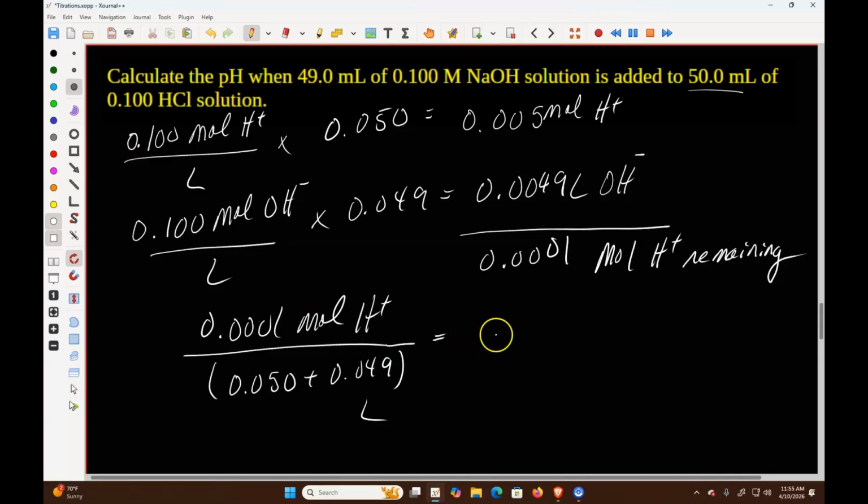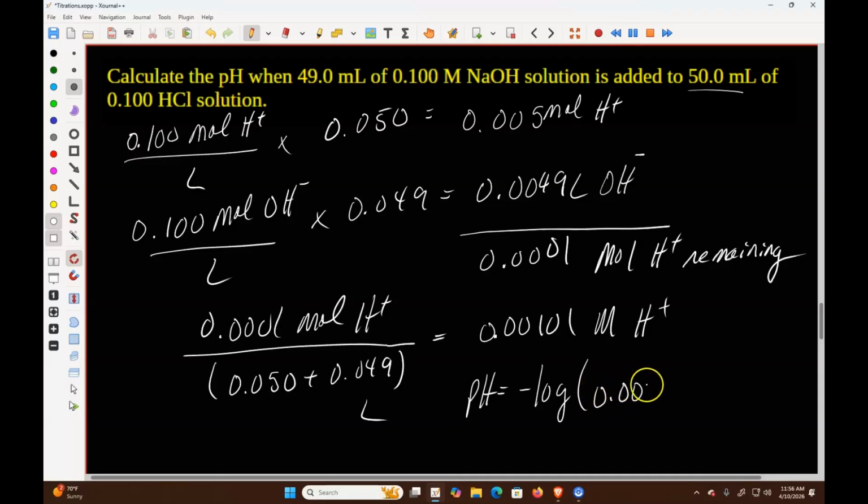If I were to divide this, I would get 0.00101 molar H plus. To get the pH, that'd be the negative log of 0.00101, and that pH will be equal to 3.0.